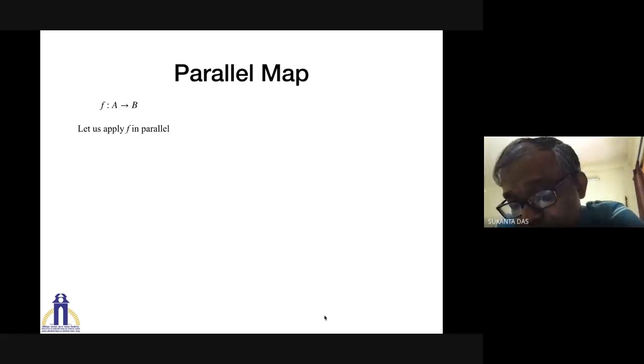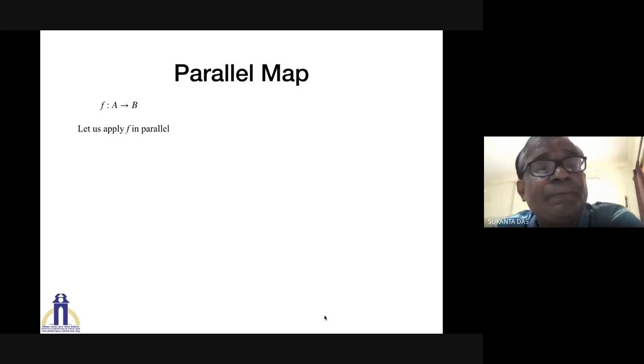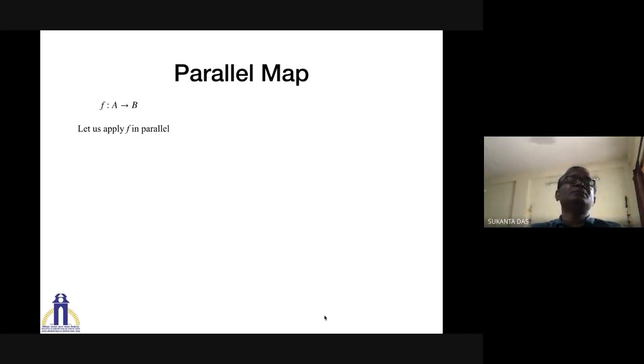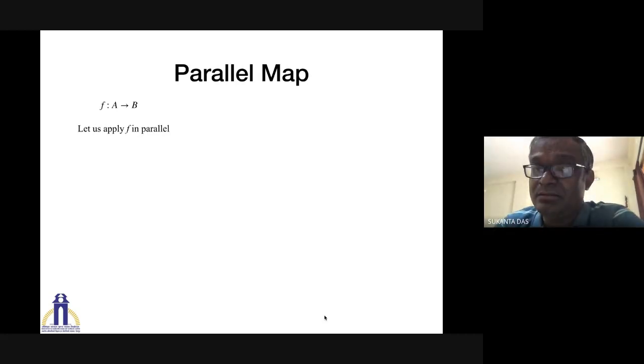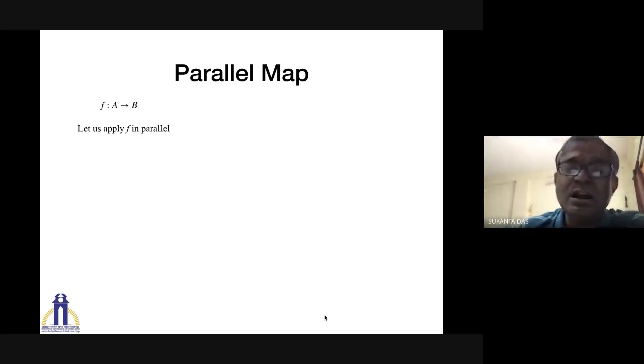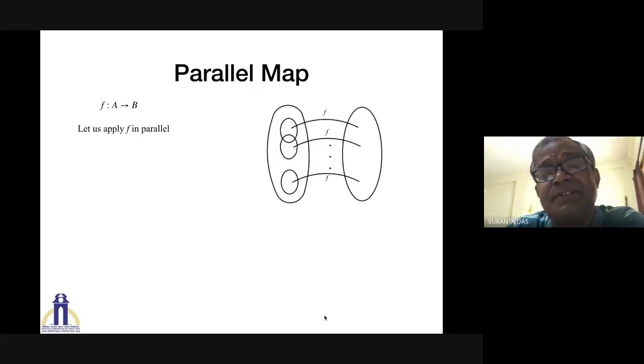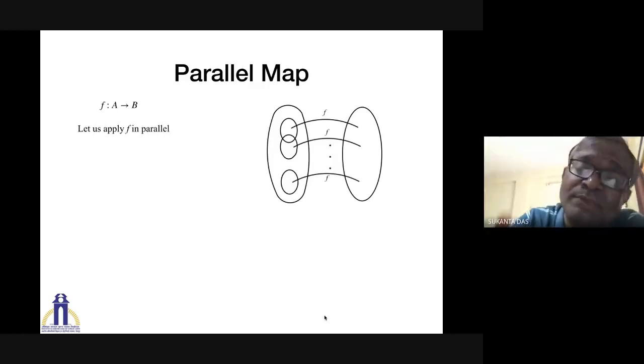Okay, so let us study that problem mathematically. What I have considered here is that f is a function, and we are applying f in parallel. How am I doing it? Think of this figure. Say f is there, say n number of f's.